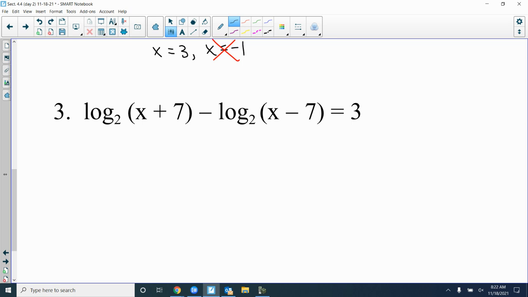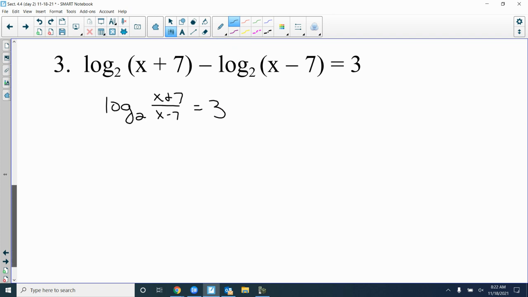We have to make it a division problem. So it's going to be log base 2 of x plus 7 over x minus 7 equals 3. Remember, you only have one log. Once you get this, you can convert it. So it gives me 2 to the third power equals x plus 7 over x minus 7.